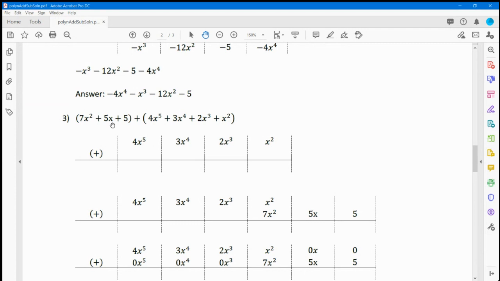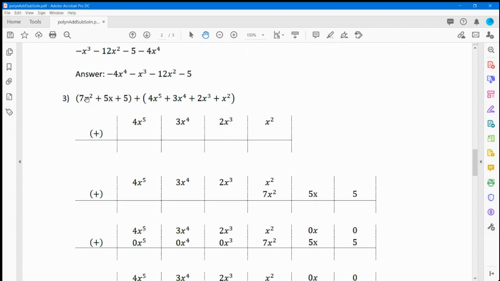For this one, right, we have 7x squared. Where does that go? That's going to go in this column, as you can see below. 5x can't go in any of these columns, right? Because 5x and any of these are unlike terms, so 5x gets its own column.